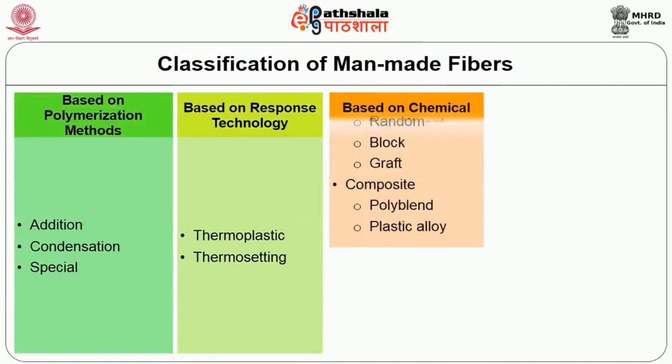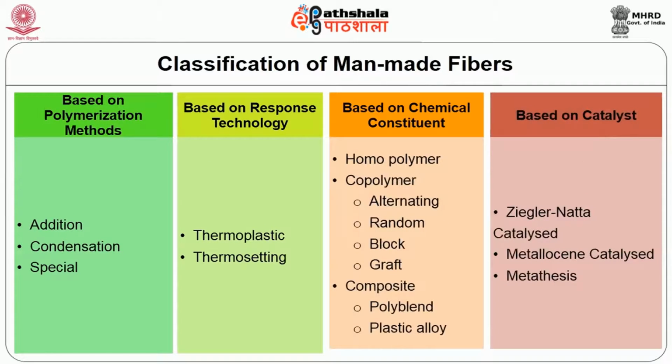And based on polymerization methods, it is classified as addition, condensation, or special type of polymerization. And with respect to the response technology, it is called thermoplastic or thermosetting polymers.